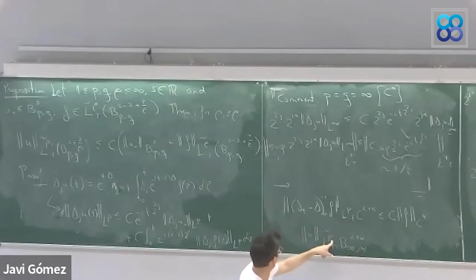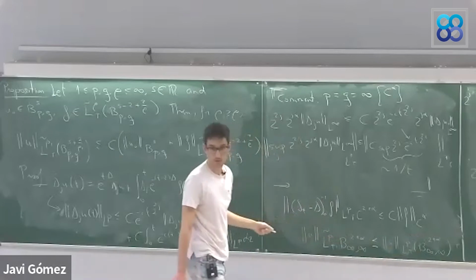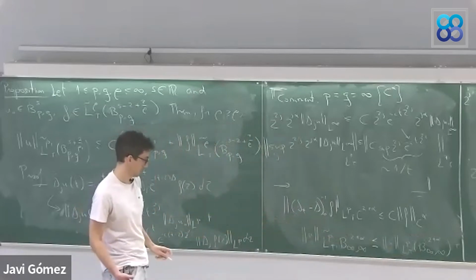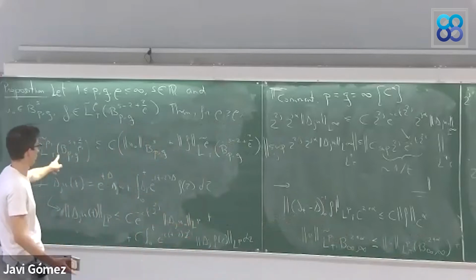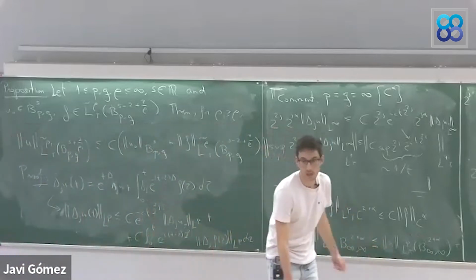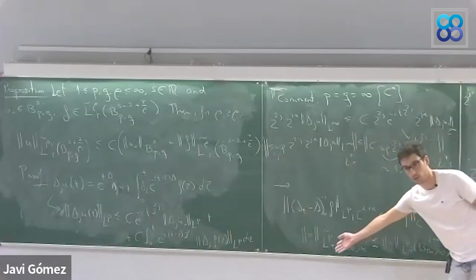And here Q is bigger than P. So the inequality goes in this direction. So you know that this quantity is smaller than blah blah, but you don't know about this. And in fact, this is the problem for t equal to 1. This is not true, but this one is true.